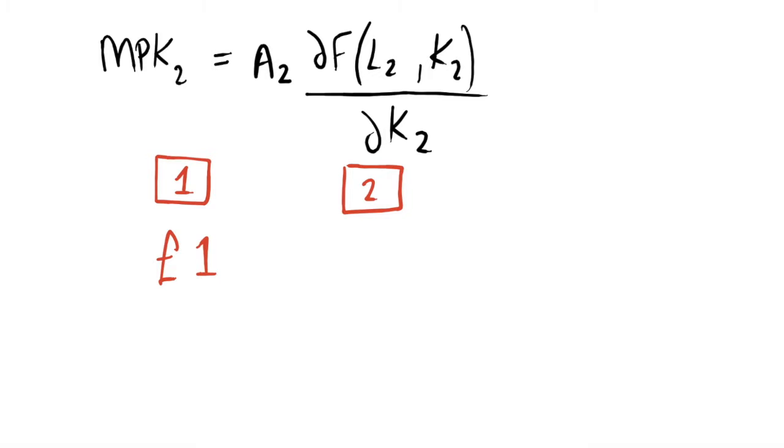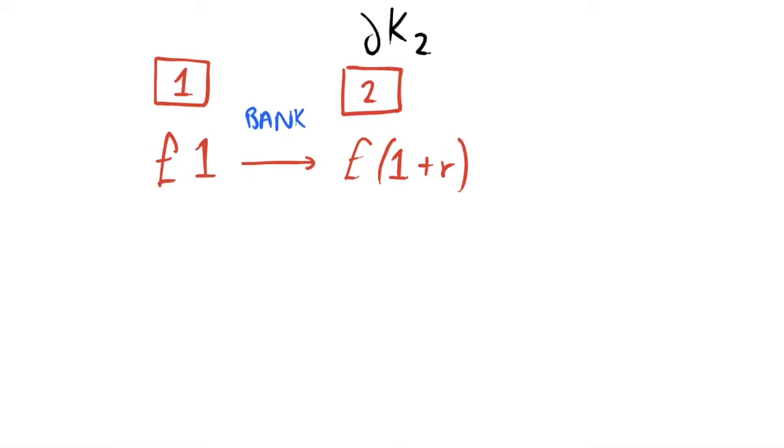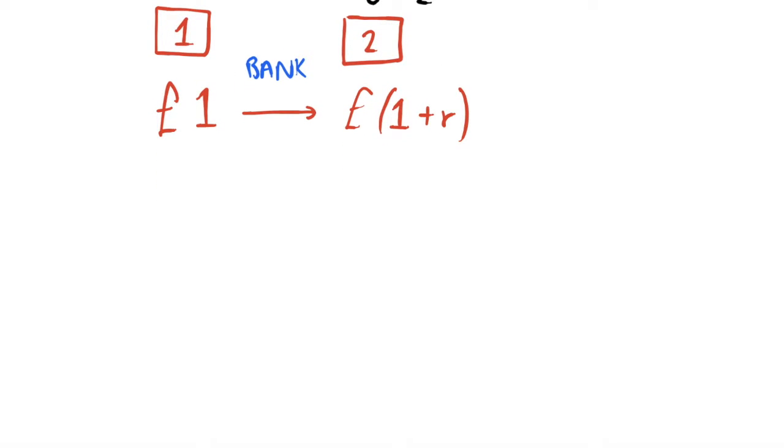As we said before, firms have some interest rate that they can save and borrow at, which is just R, the same as the consumption interest rate. So a firm could put this £1 in a bank and earn interest rate R, and they get out in period 2 their £1 back plus interest R. So that is one way that this firm could use the £1 that they can invest.